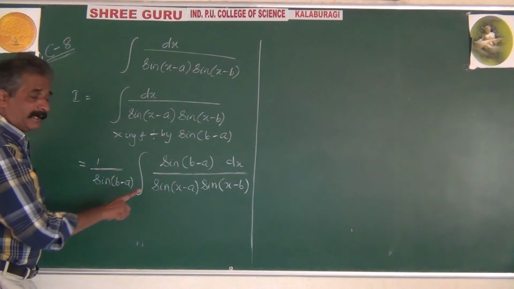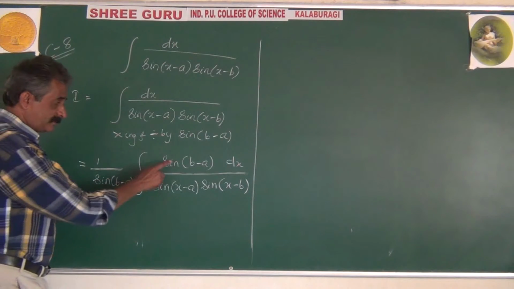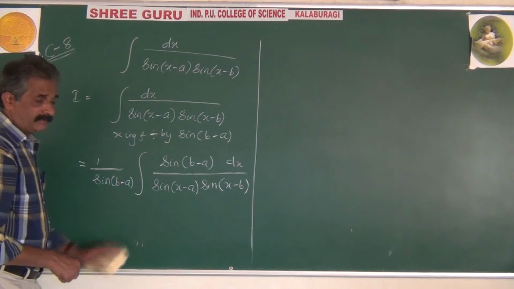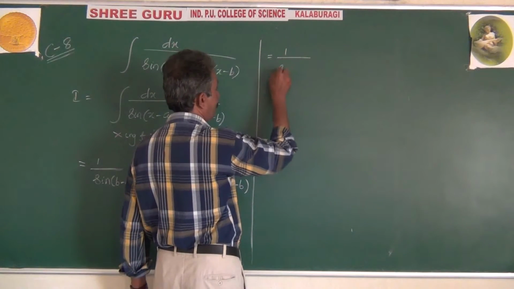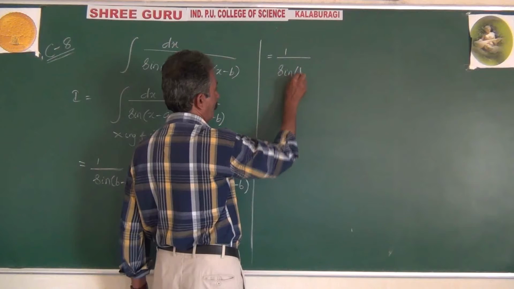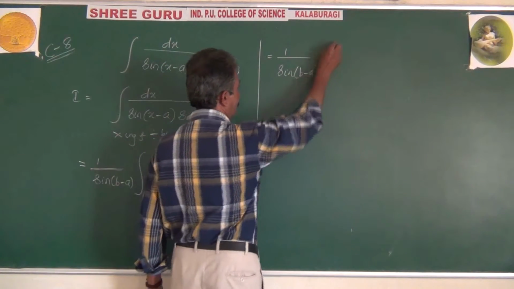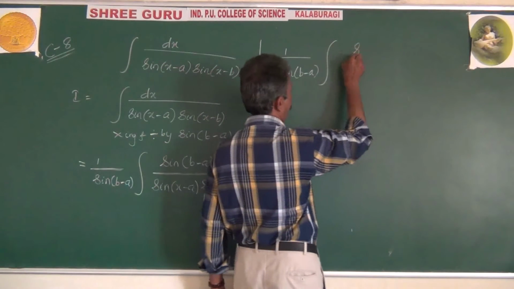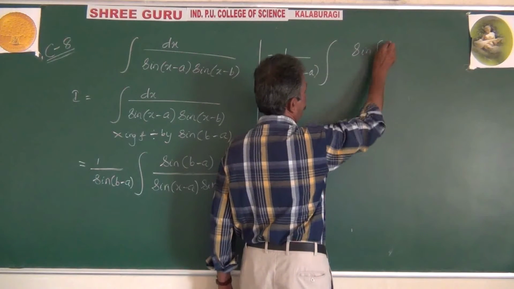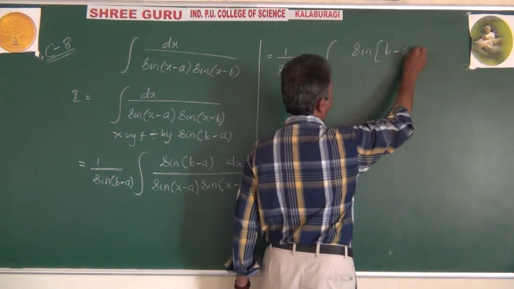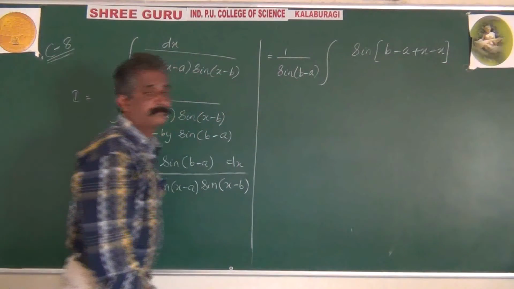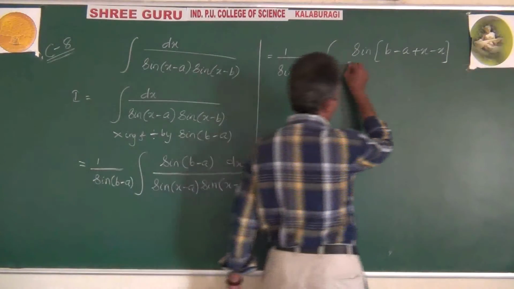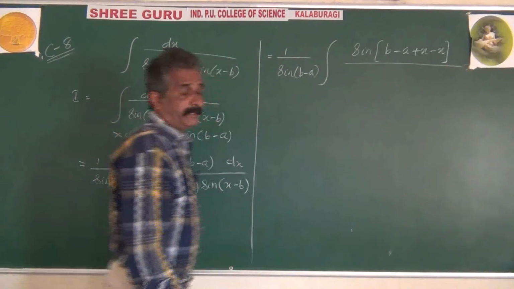So 1 by sin of b minus a, integration of sin of bracket b minus a plus x minus x, divided by the same denominator.